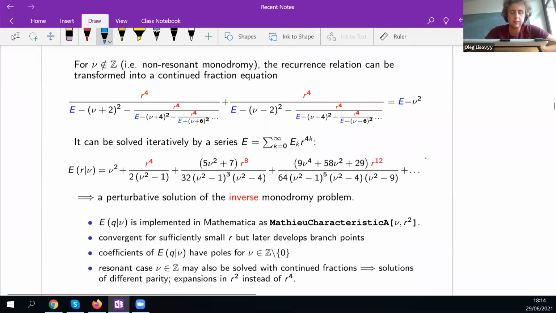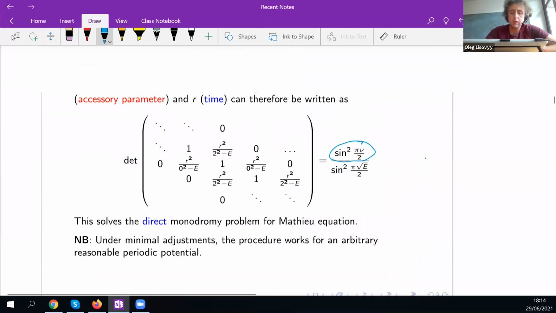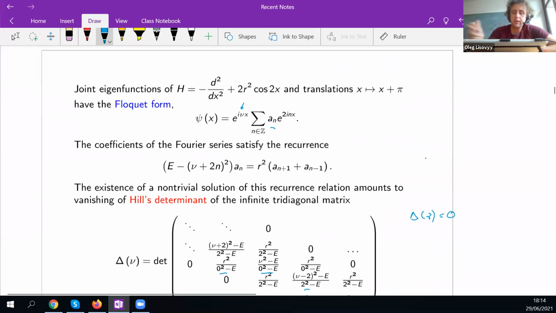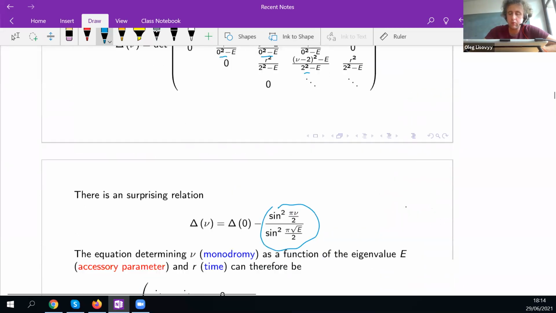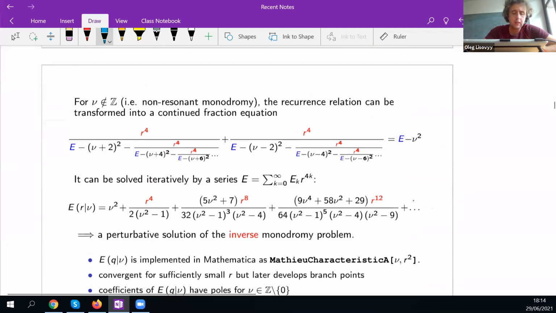this identity, it is more delicate, but if we manipulate this recurrence relation for the coefficients of our Fourier series, we can transform it into the following continued fraction equation. There are some assumptions to be made here.